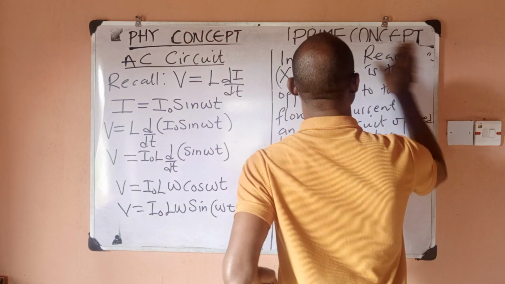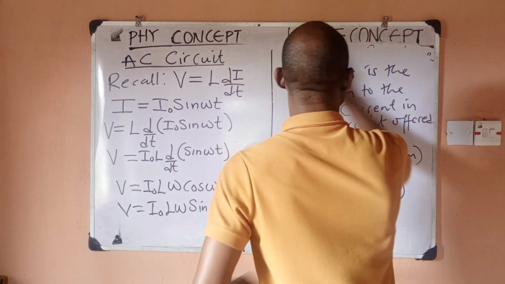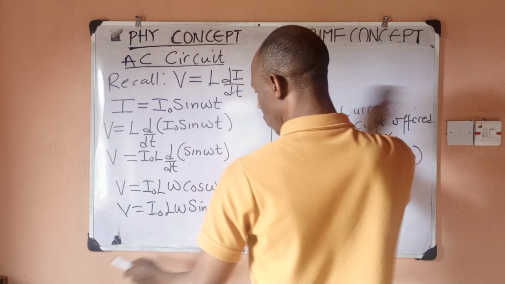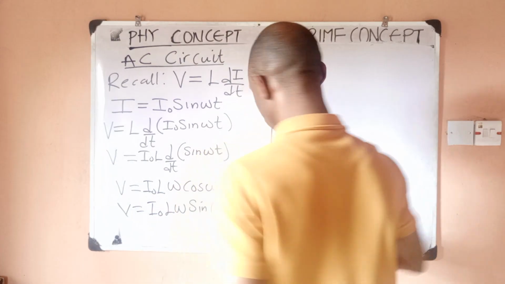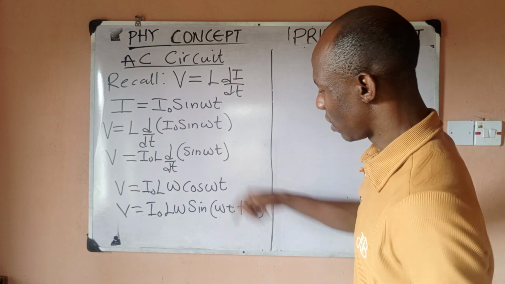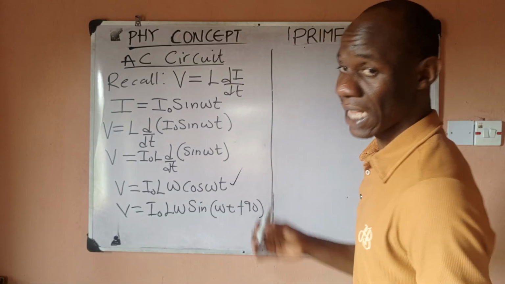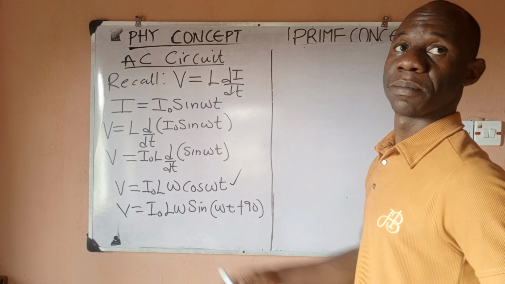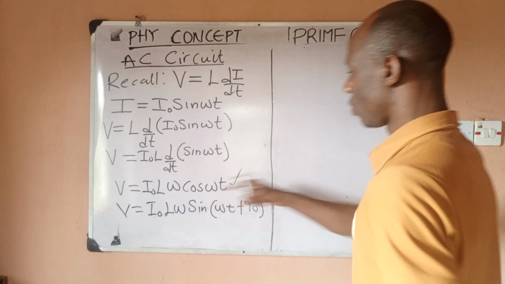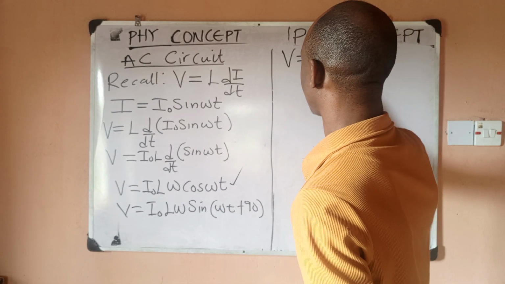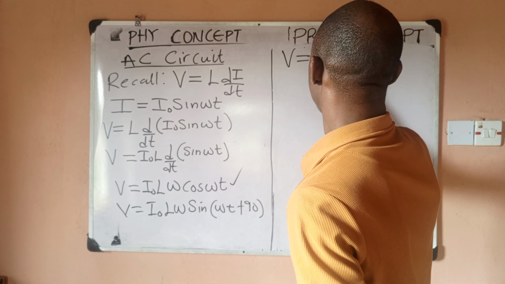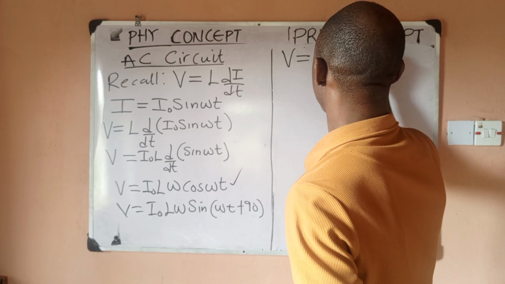I want to derive something else. From our voltage relation, which is any one of these, let me go with this for simplicity. You can say that V generally is V naught cos omega t.